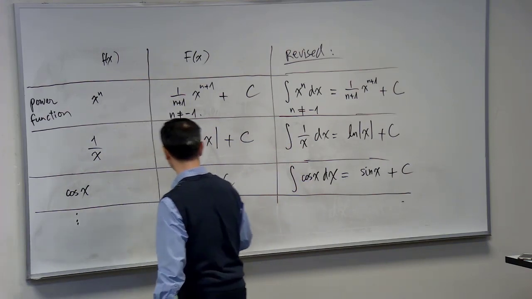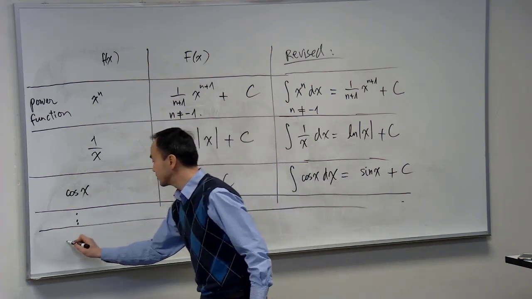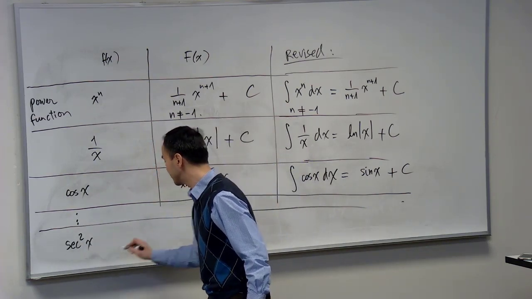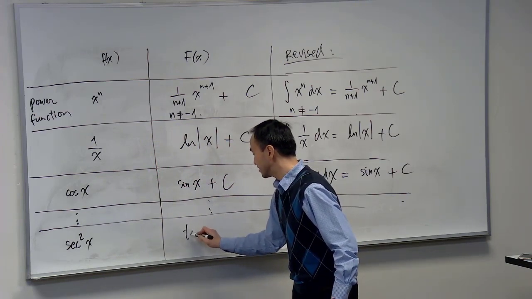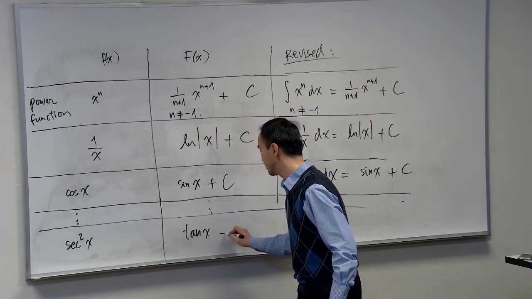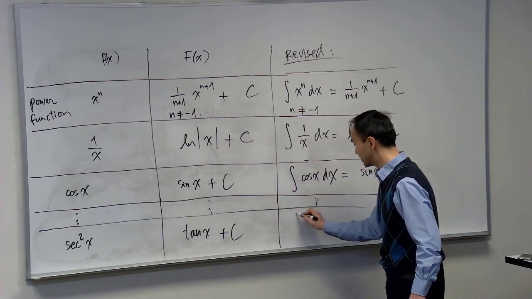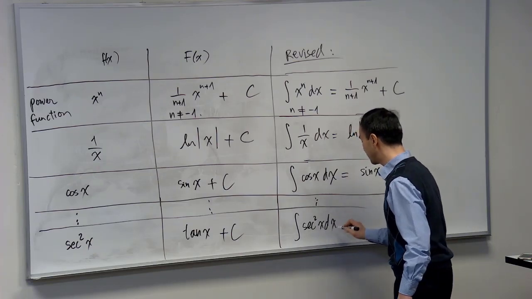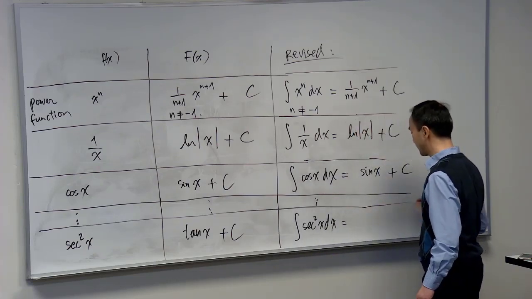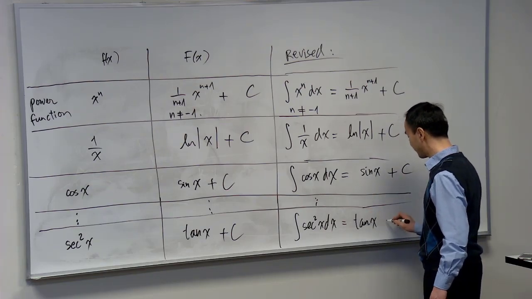We got secant squared of x, our function, taking the antiderivative, giving us tangent of x plus c. And then formally with the symbols, it's the integral symbol over here of secant squared x dx, which comes out being tangent of x plus c.